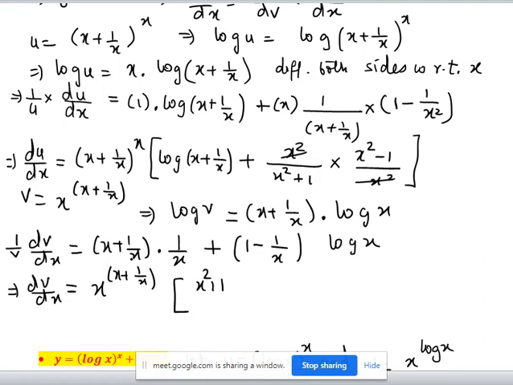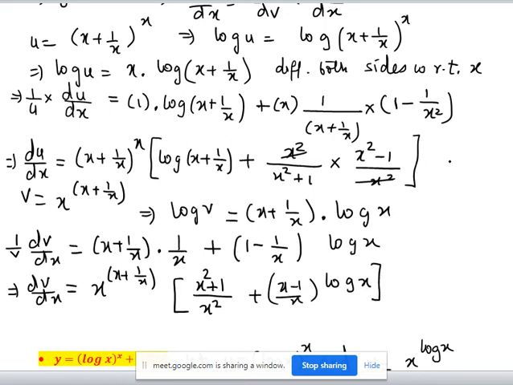And we get x in the denominator, which is further getting multiplied with this x in the denominator. So it is x square plus 1 over x square. And this part if we solve, it will be plus x minus 1 over x into log x. So you can see du over dx is obtained and this is dv over dx.